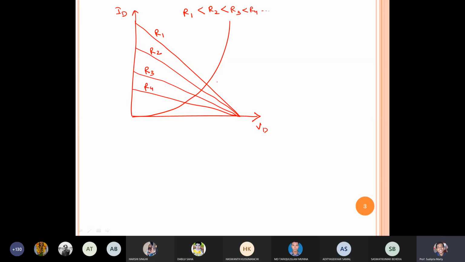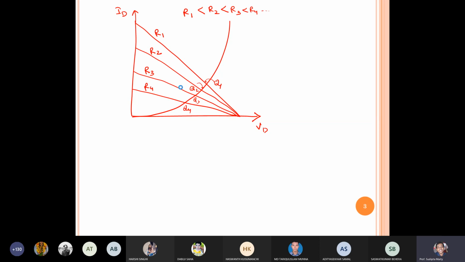Here will be operating point Q1, here Q2, then Q3, then Q4, and so on. Is it clear?